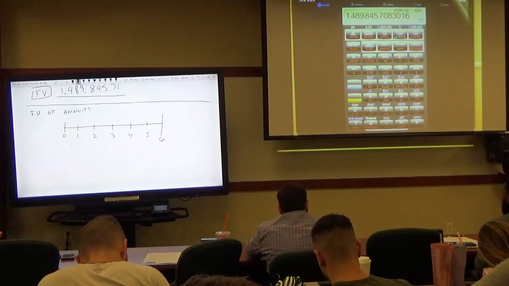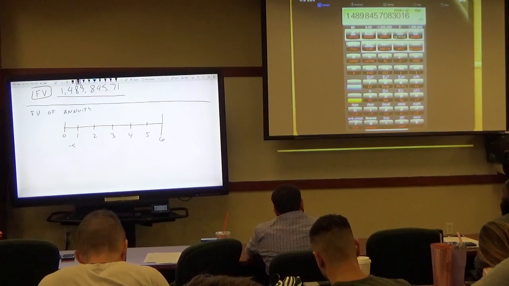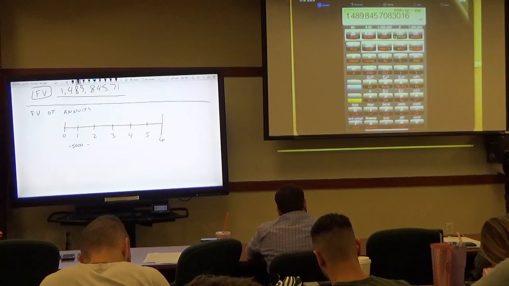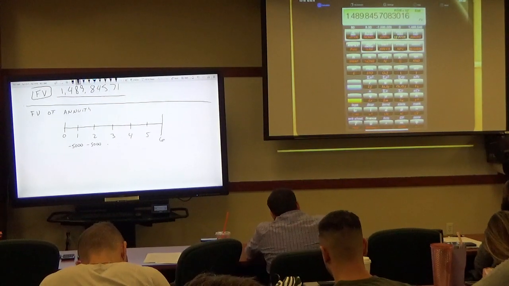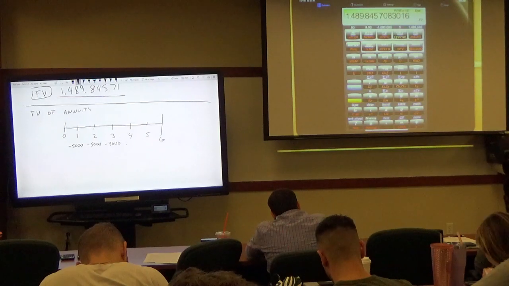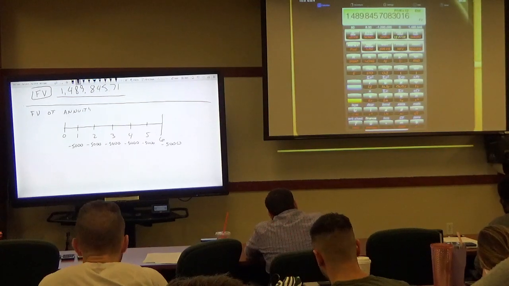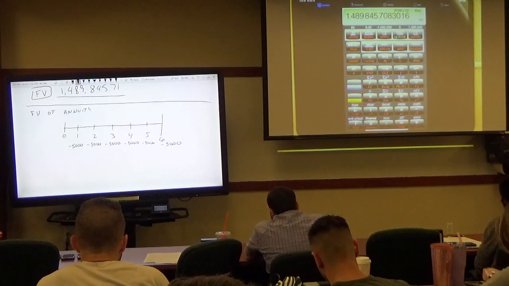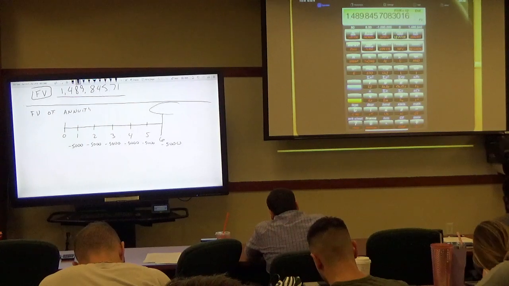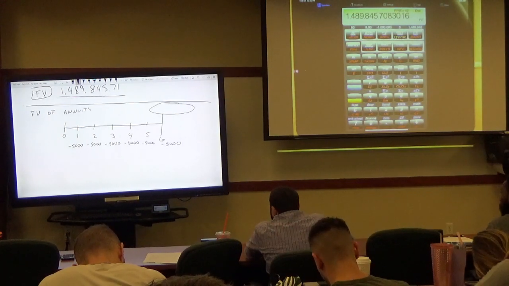So let's say that we can afford to put away $5,000 a year into a reserve account out of whatever income we have coming in off the property. All right? And we want to know how much is going to be in that reserve account at the end of, in this case, 6 years.